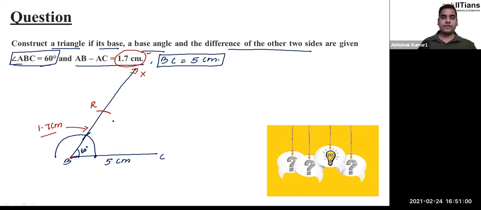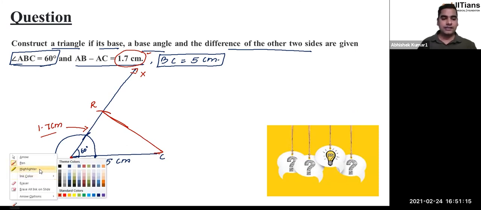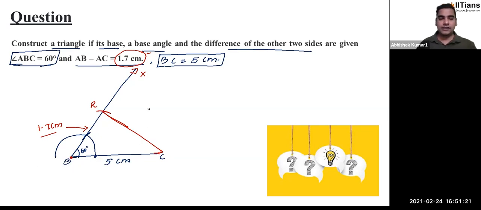Understood? Now what needs to be done? You need to join RC. Clear? Using a ruler. So let's say this is your RC. We are very close to the final steps. What we need to do after this is draw the perpendicular bisector of RC.